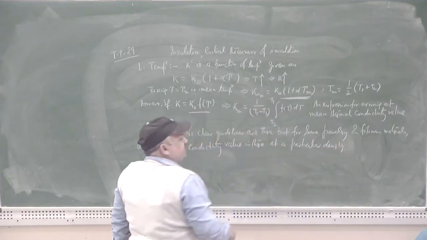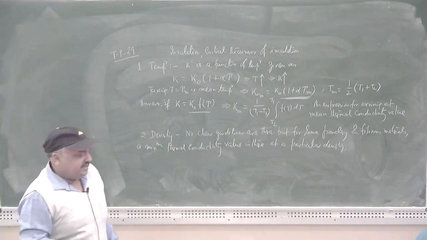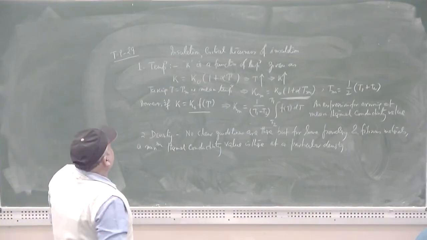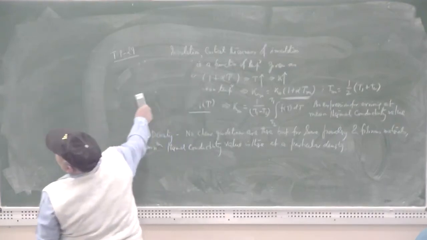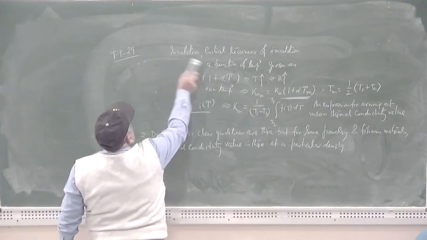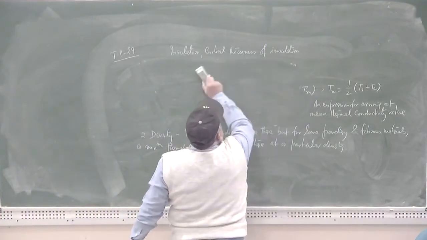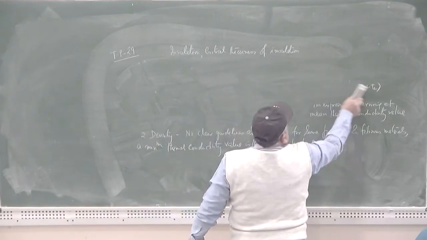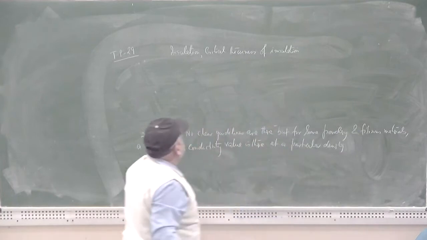The variation of thermal conductivity as a function of density can be expressed diagrammatically by means of a graph.